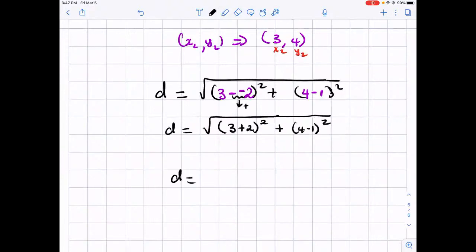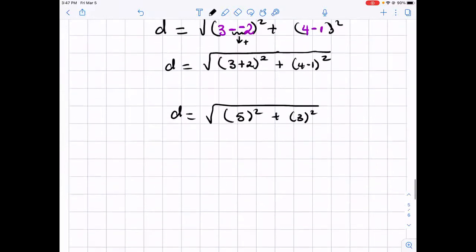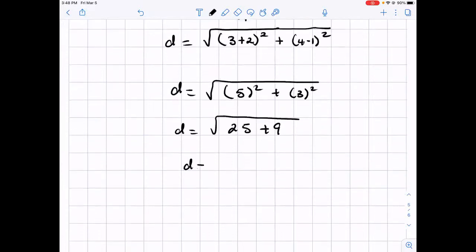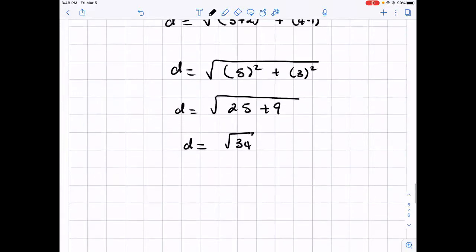So d is equal to the square root of 5 squared plus 3 squared, which is the square root of 25 plus 9. Therefore, d is equal to the square root of 34. And the square root of 34 cannot be simplified, so we leave it as the square root of 34.